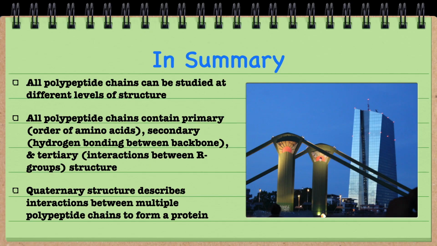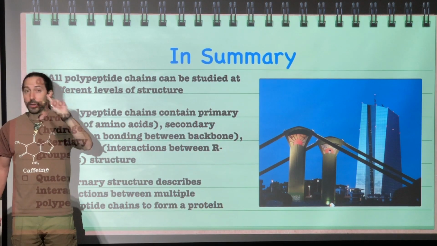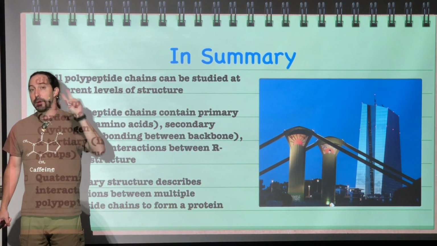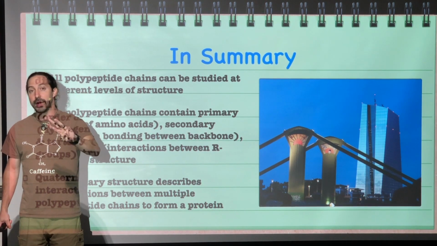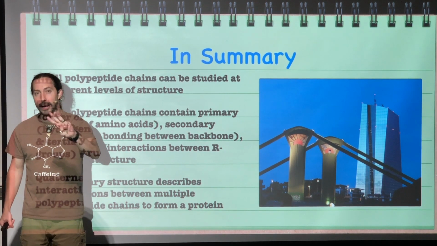Next, all polypeptide chains have, again, that primary, secondary, and tertiary structure. They have to. There's no way of avoiding it. There's going to be an order of amino acids. The backbones are going to interact, and the R groups are going to interact in some way.